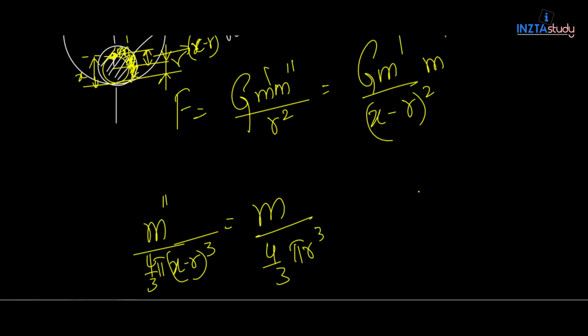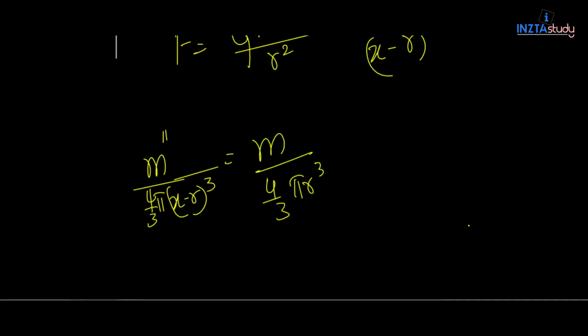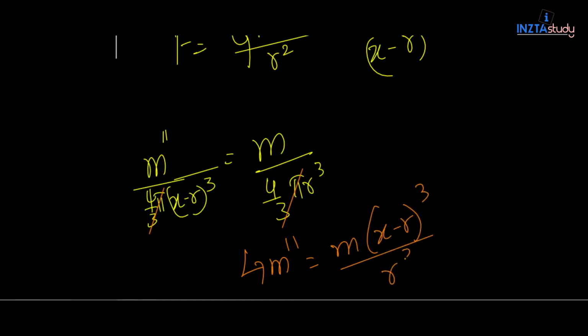So if you just solve it for m double dash, you will get m double dash equal to m into x minus r the whole cube divided by r cube, as 4 by 3 pi cancels.